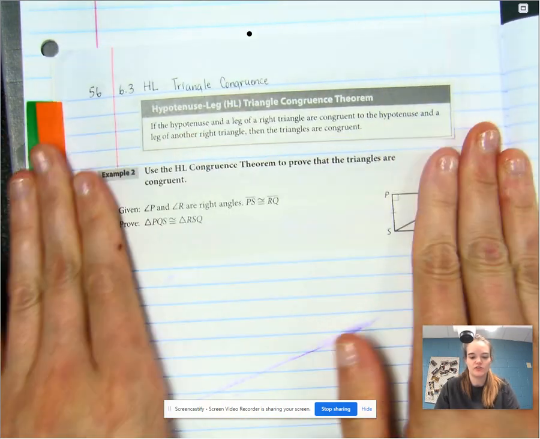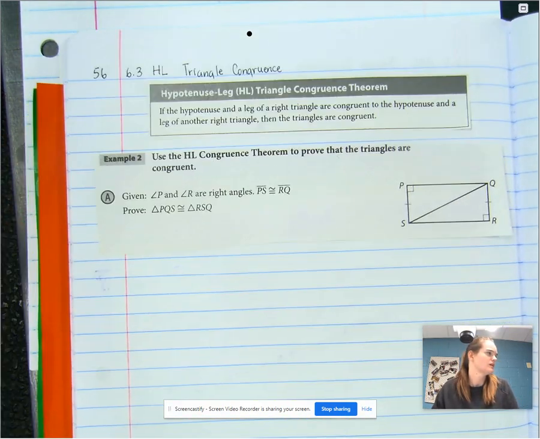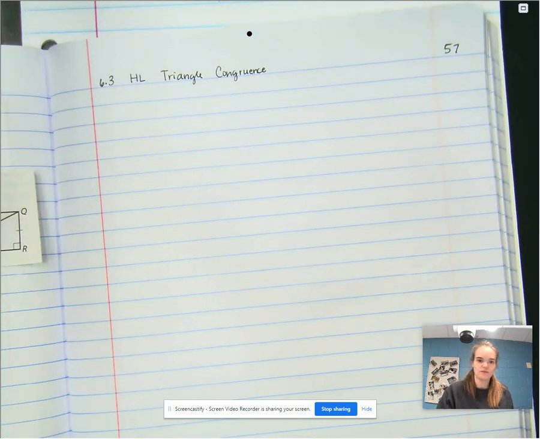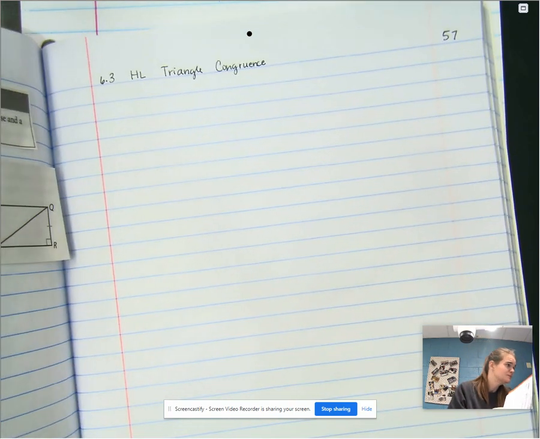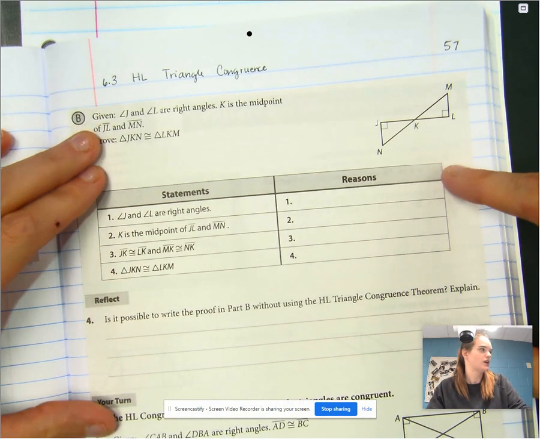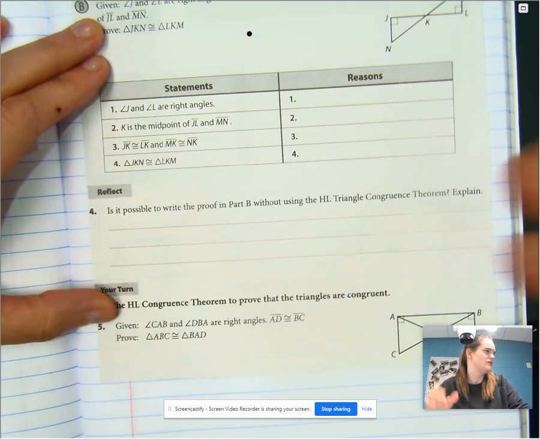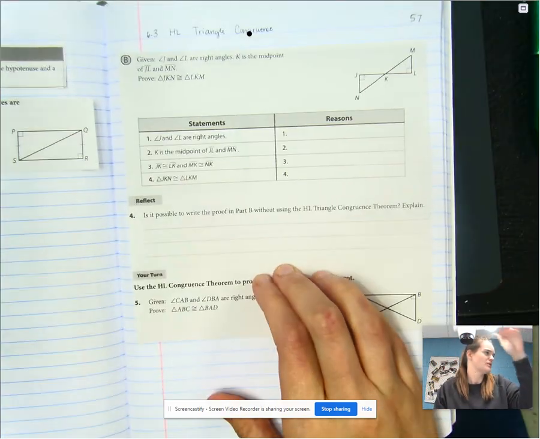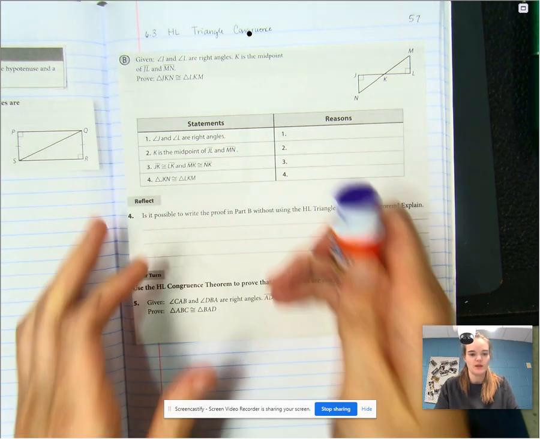Example A, while this is drying down here, I'll show you what goes on page 57 from this page. And from the rest of that page, you're just going to cut the rest of it out, stick it on page 57. So we can talk about our last triangle congruence theorem.